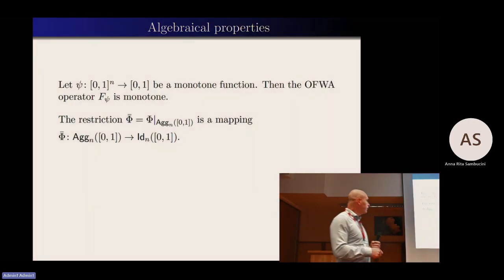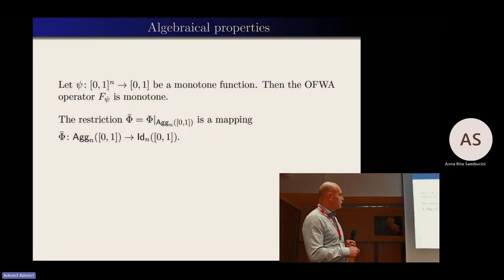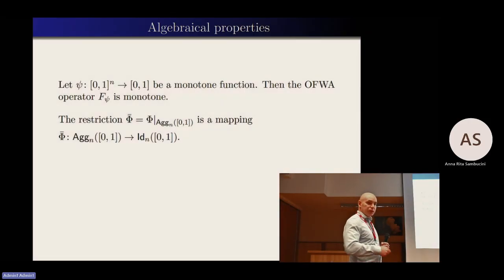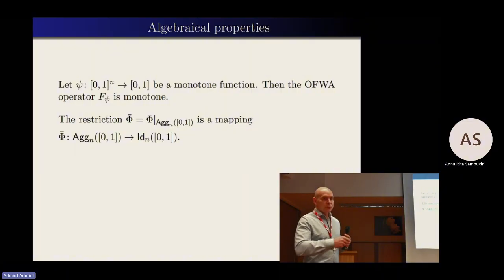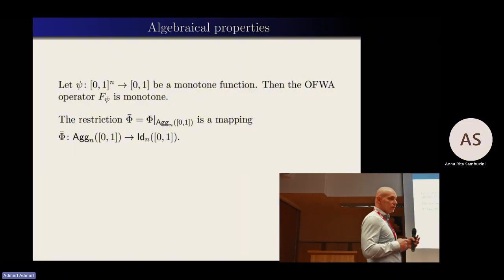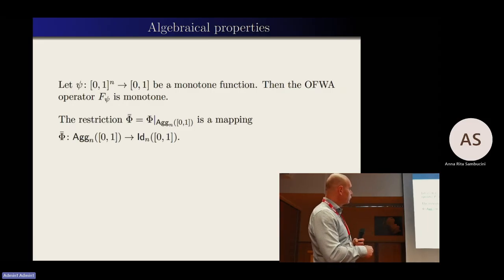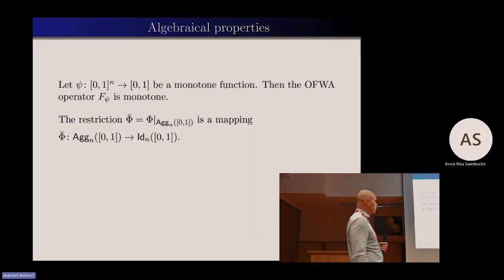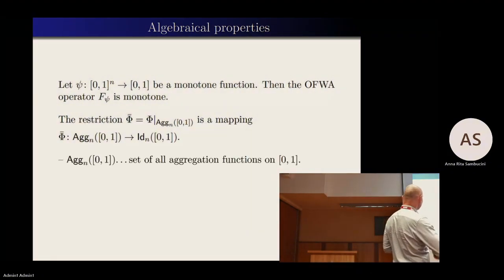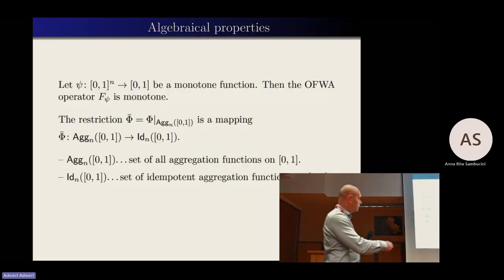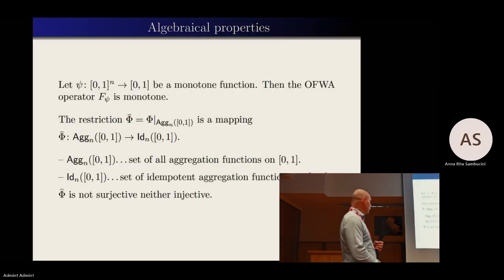So if we restrict this representation function to the class of aggregation functions, we obtain monotone idempotent intermediate functions, which coincide with the class of idempotent n-ary aggregation functions. Yes. So this restricted mapping goes from aggregation functions to the idempotent aggregation functions defined on 0, 1. So again, here is the explanation of these symbols.